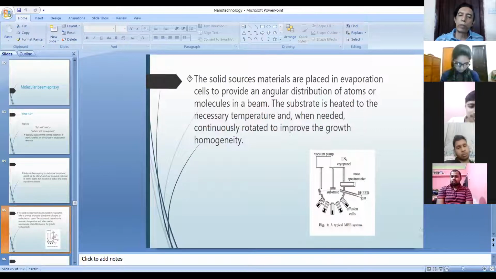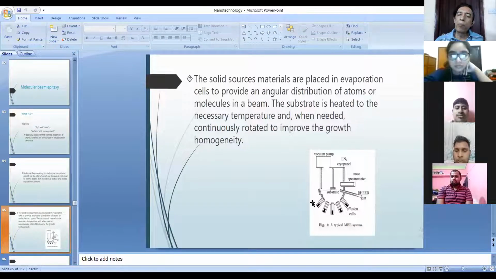There are some types of heating arrangements here, and by this heating arrangement, gallium is evaporated and placed in an evaporation cell to provide an angular distribution of atoms or molecules in a beam. Then the gallium is evaporated, and a beam of gallium is thrown to the substrate. A beam of gallium is fired to the substrate.